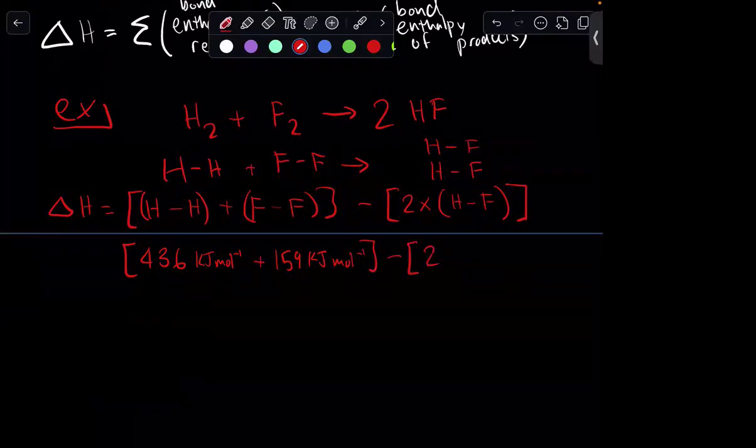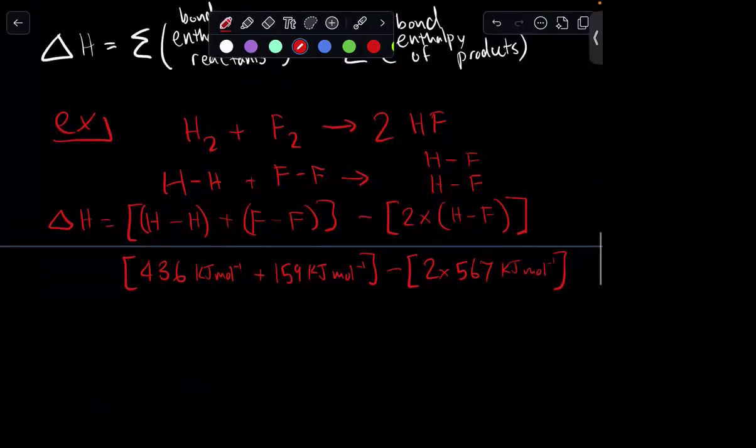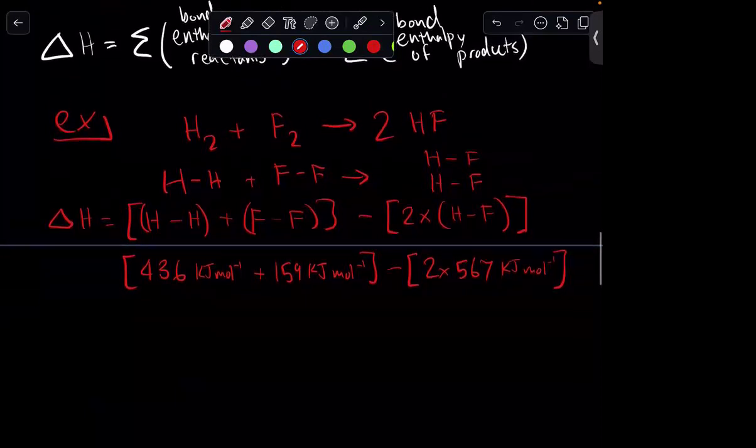And I subtract by 2 times 567 kilojoules mole inverse. I keep doing kilojoules per mole inverse because this is a bond enthalpy value, which we define as the energy required to break 1 mole. And we display it in kilojoules, otherwise this answer would be completely unmanageable.